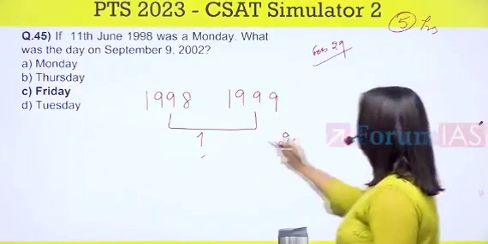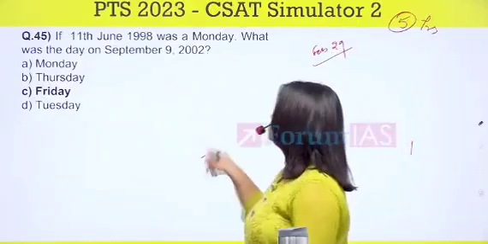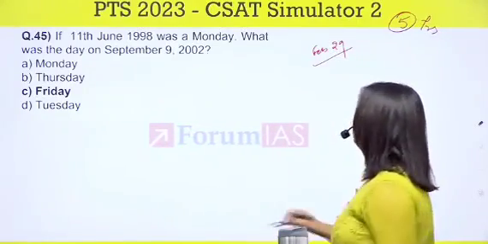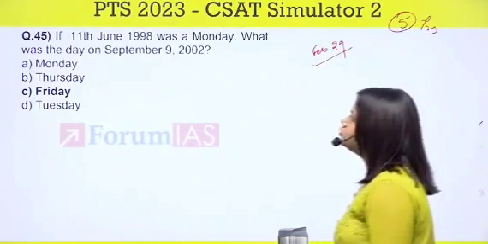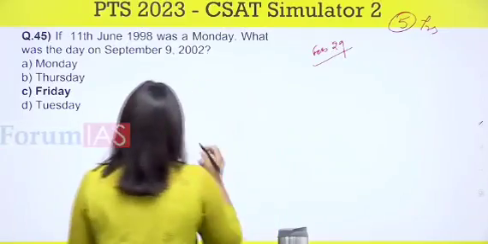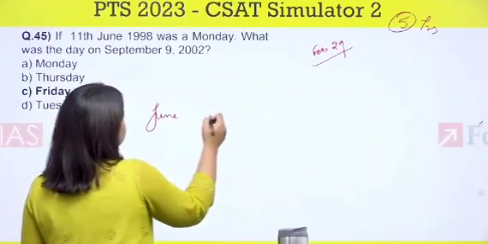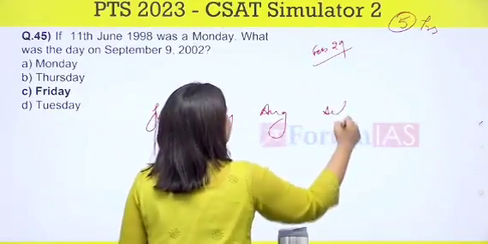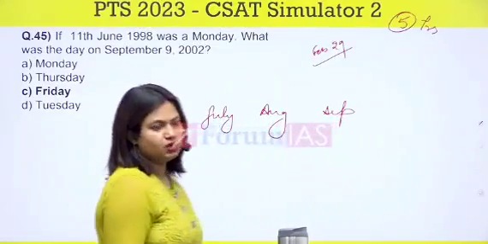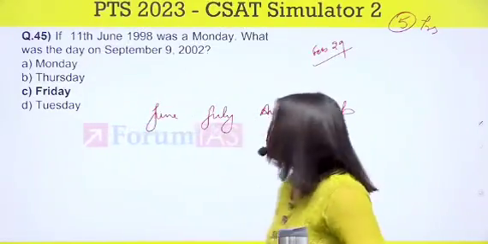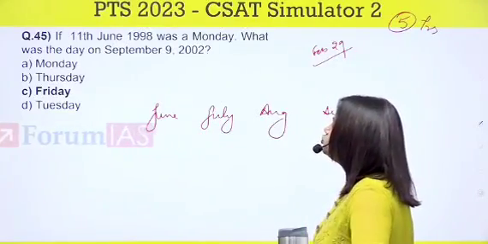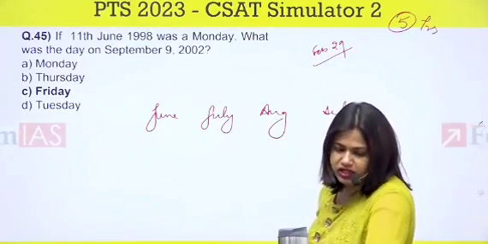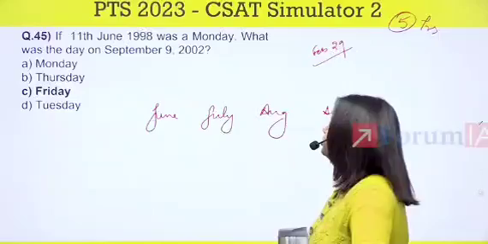Now, after June 2002, what are the months? June, July, August and September. Okay, now after 11th June, I have from 12th June onwards, right? 12th June onwards till the 1st of July.